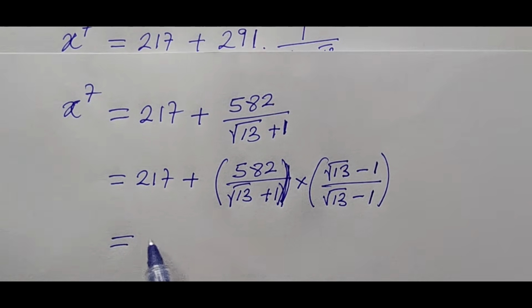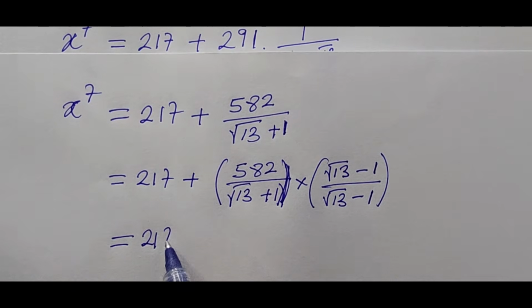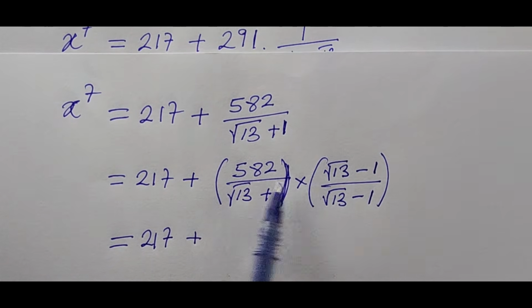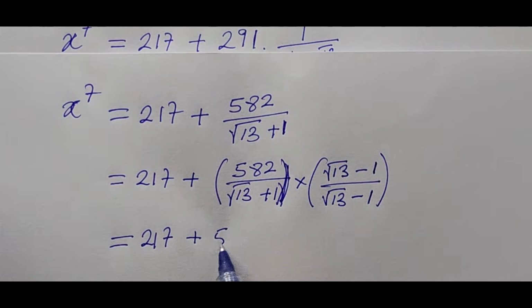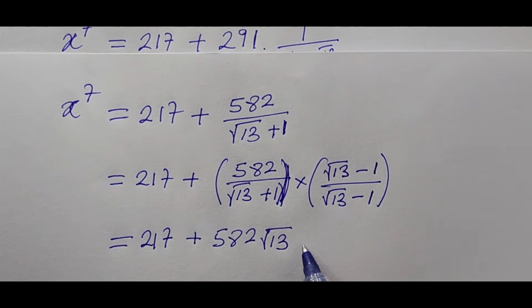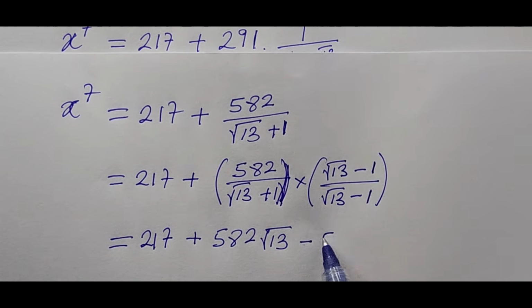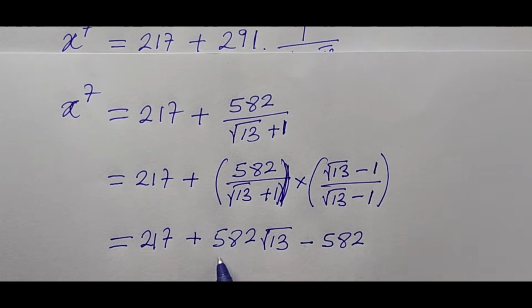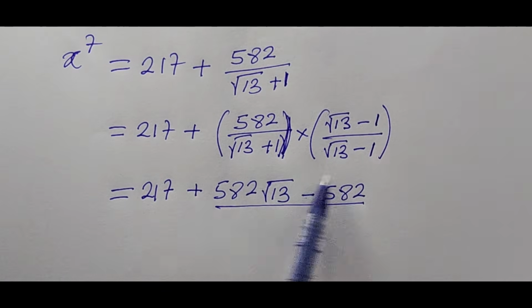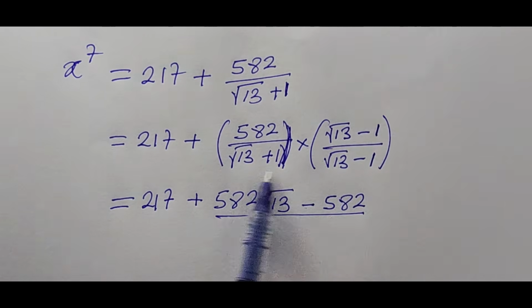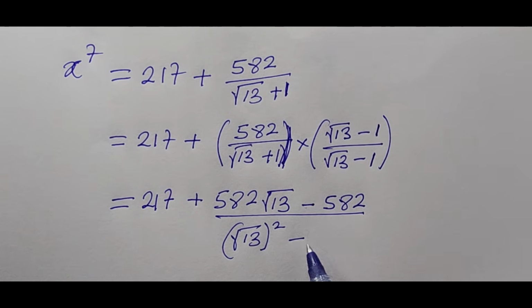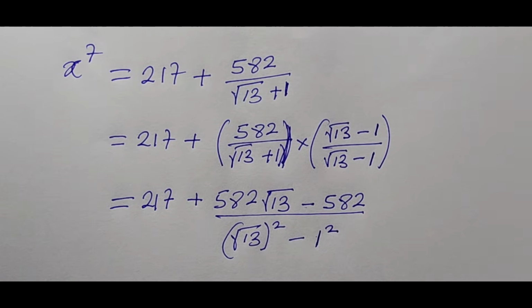Okay, so we're going to have 217 there plus. We use this to find this is going to give us 582 root 13, then minus 582, all over this times this, because it's multiplied by its own conjugate. This is going to give us root 13 all raised to the power of 2, then minus 1 to the power of 2.